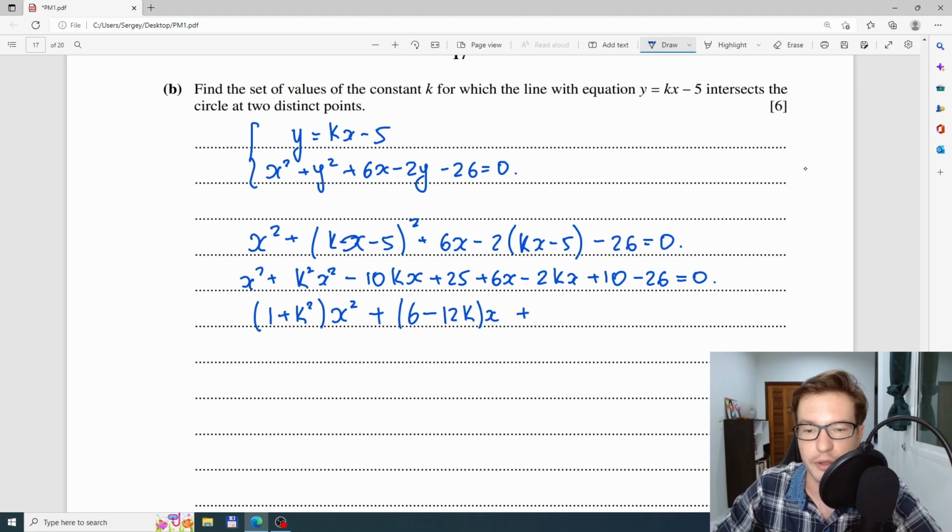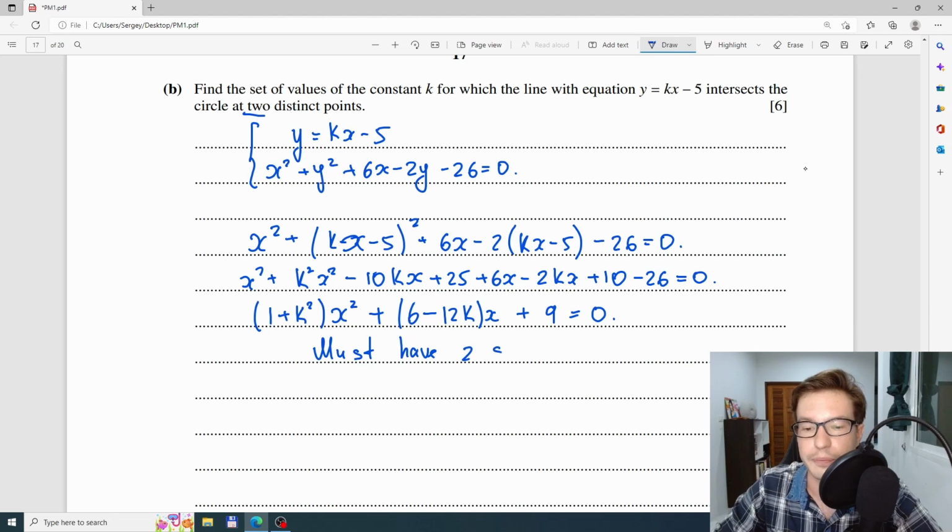Then if I simplify all the numbers, I will just get minus 9, then equals 0. So that's a quadratic equation. And because we are looking for the values of k for which you have two distinct points, that means this equation must have two solutions.